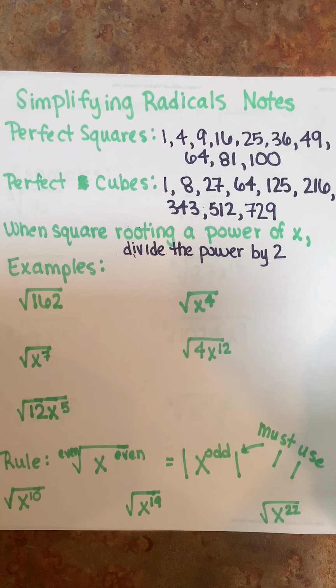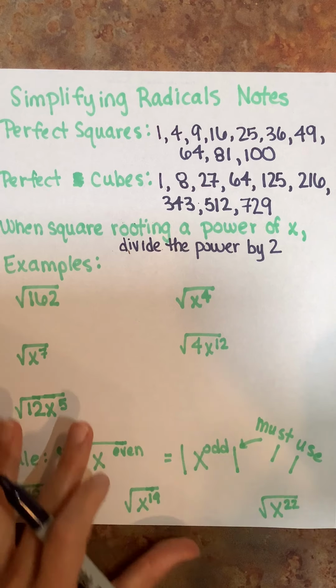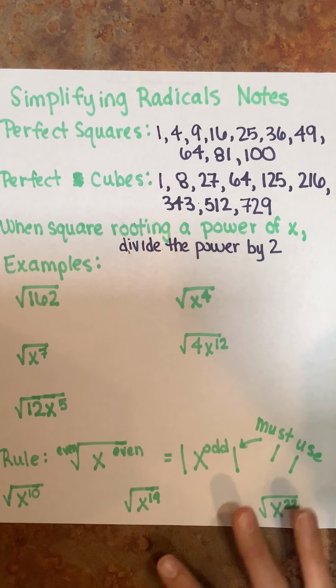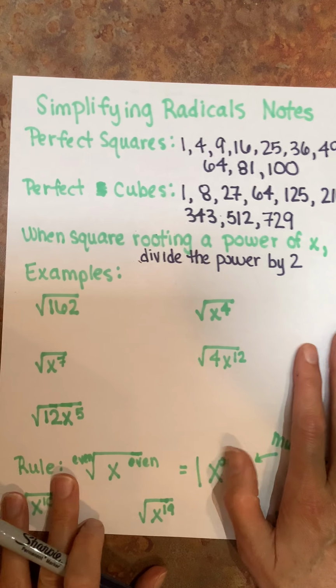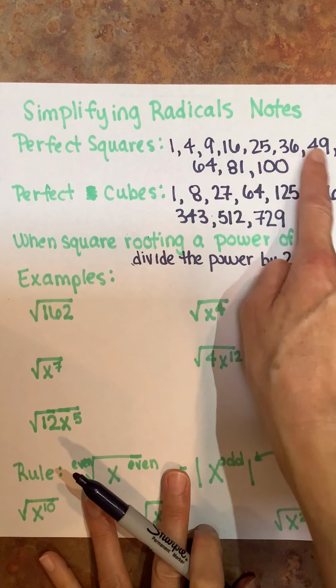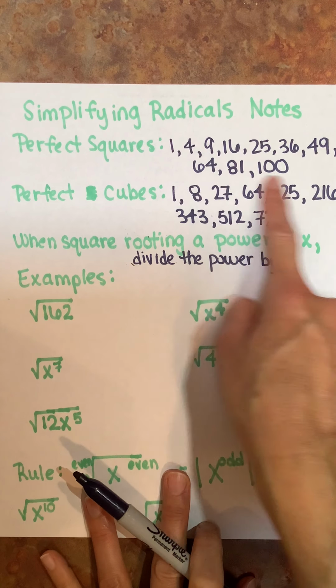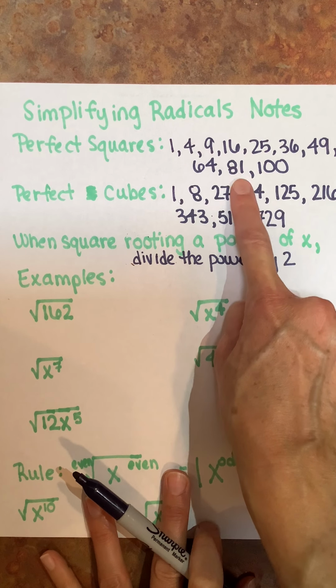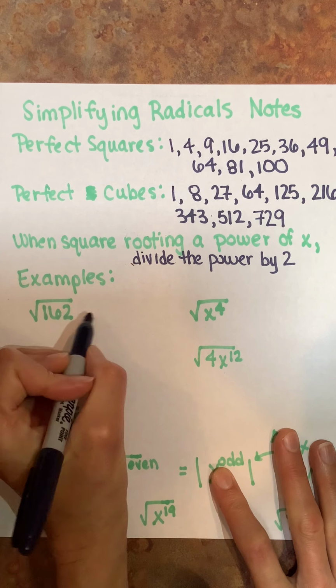So this first one, and actually I'm going to move this paper so I don't get a bunch of marks on it. The first example, we're going to look at our list of perfect squares. 162 is not on our list of perfect squares up here, but I can factor out one of these perfect squares. 81 is a factor of 162.